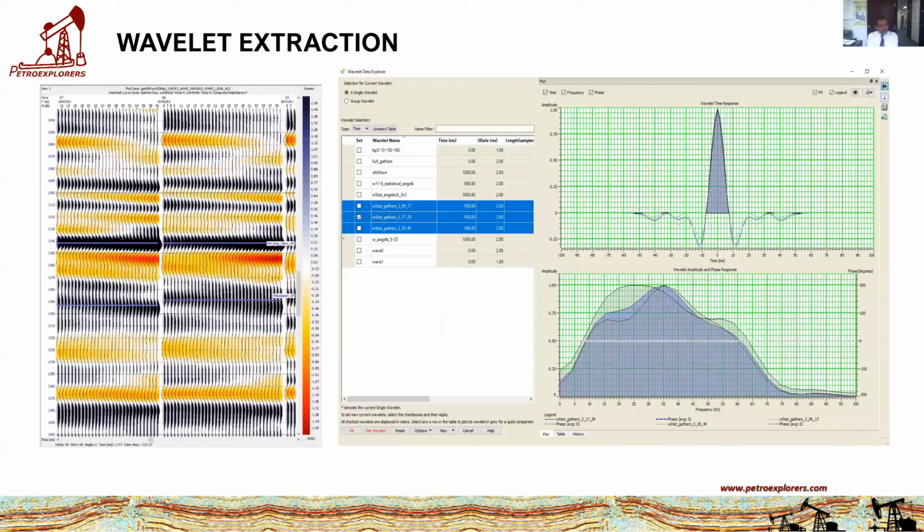So important parts of simultaneous inversion, again, as I said, are the wavelet extraction from the various near, mid and far angles. You can have 3 wavelets or 5 wavelets, depending on how much variation you have, because some of the near to far variation could be just related to frequency. They may not be related to anything else.